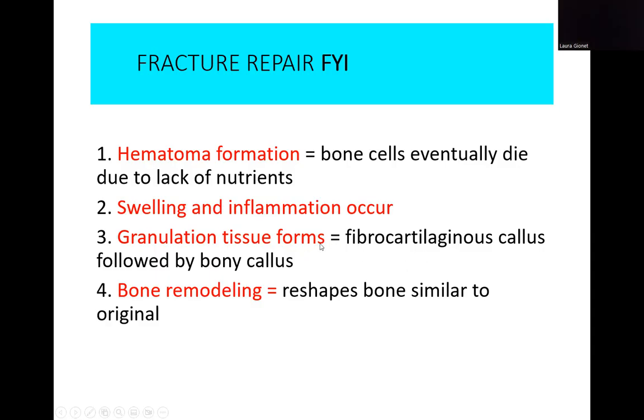So what happens? Where these 2 bones need to approximate one another, you're going to put down a good amount of fibrocartilage there that forms this scar tissue, essentially, or a callus. And then that will be remodeled, cartilage replaced by bone cells, with bone remodeling. You're going to reshape the bone, pull the edges of the bone back together again, or lay down some new bone that kind of bridges that region.